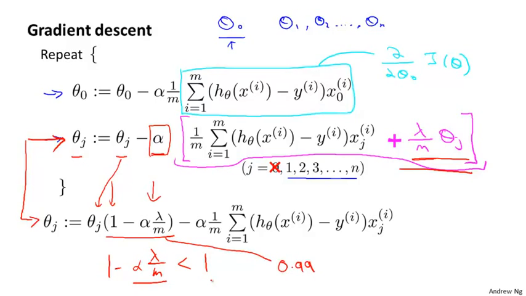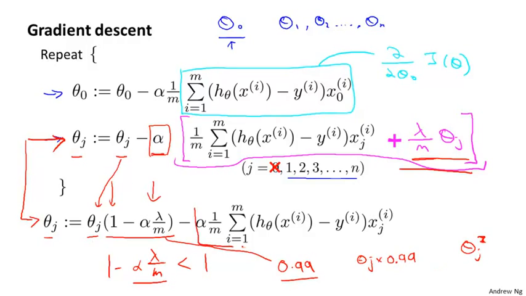And so the effect of our update to theta j is we're going to say that theta j gets replaced by theta j times 0.99, right? So theta j times 0.99 has the effect of shrinking theta j a little bit towards 0. So this makes theta j a bit smaller. Or more formally, this makes the squared norm of theta j a little bit smaller.